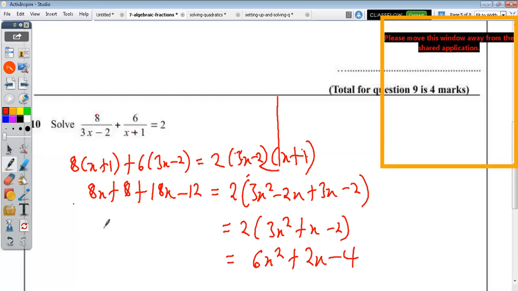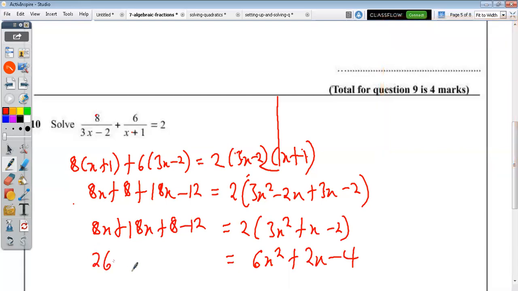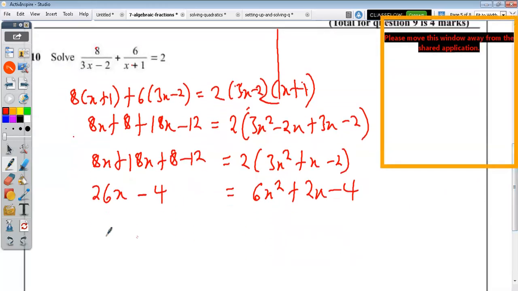Now this side, grouping like terms: 8x plus 18x, plus 8 minus 12. That gives us, what's 18 plus 8? 26x, plus 8 minus 12 is a minus 4. Then the idea is now to bring everything on one side. So 6x squared plus 2x.